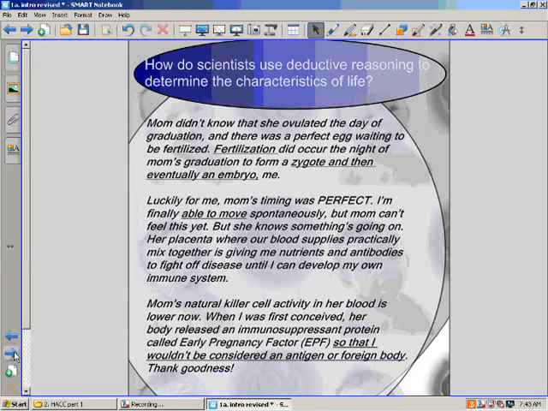Able to move has a lot to do with responsiveness to the environment. We're able to respond by movement. So that I wouldn't be considered an antigen or foreign body is an example of adaptation. It's a great adaptation to release an early pregnancy factor so that the mother's immune system won't destroy the baby.